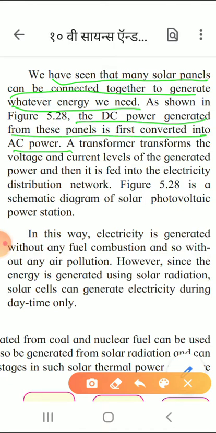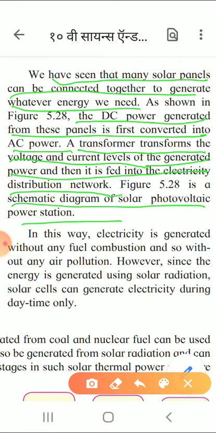And for that conversion, one device is there that is called the transformer. A transformer transforms the voltage and current level of the generated power, and then it is fed to the distribution network. Wherever it is needed, there it is fed. The schematic diagram of the solar photovoltaic power station I have already explained to you.